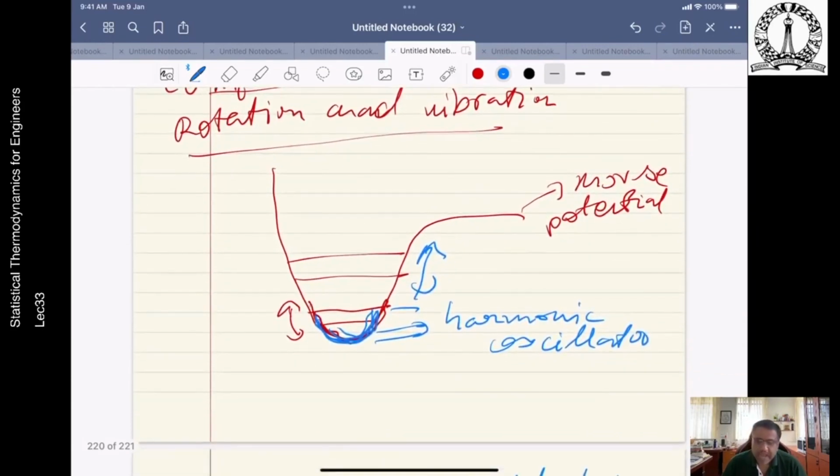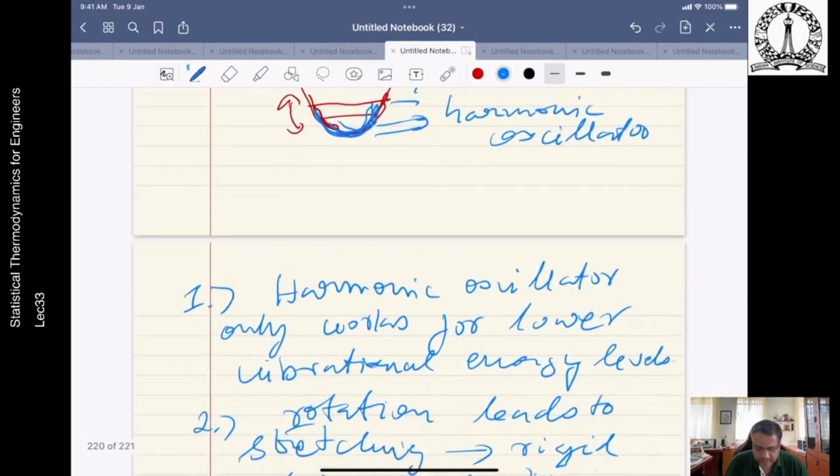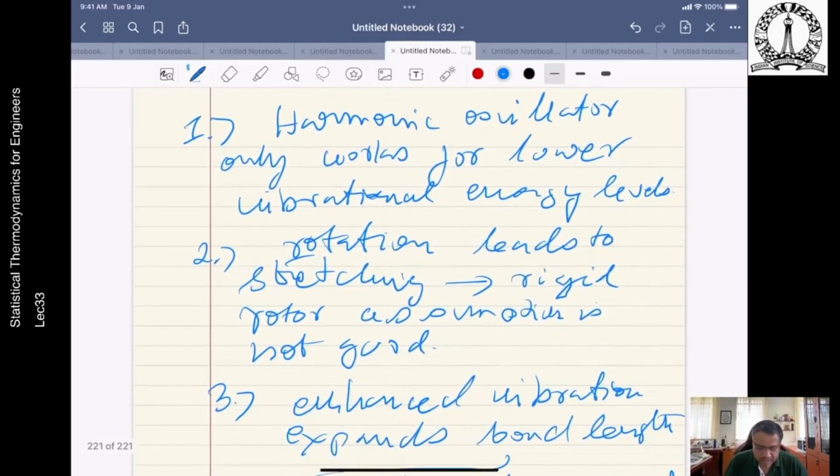And remember that the actual potential was given by the Morse potential. Now, the Morse potential is very complicated to begin with. So we used the harmonic oscillator, but the harmonic oscillator only does a very good job in the lower part, where you see the blue part of the line. So the harmonic oscillator only works for lower vibrational energy levels.